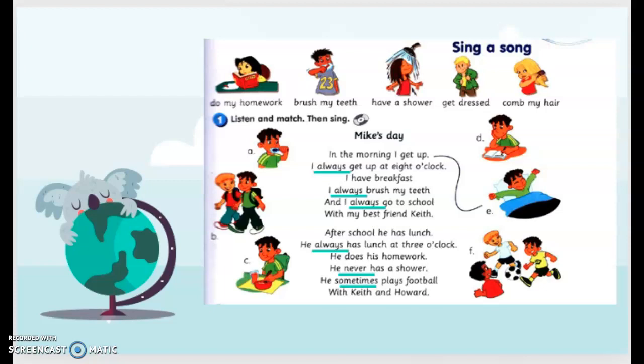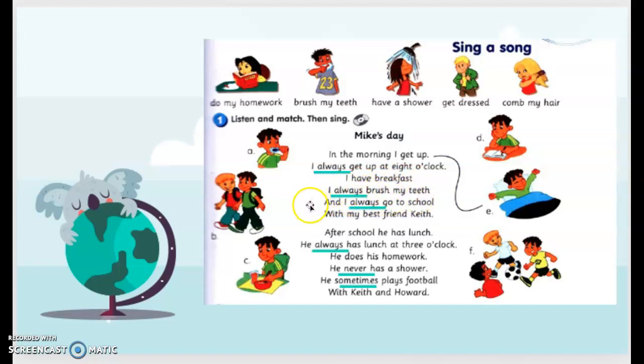Okay, I'm not going to sing the song, we just have a look at the song's lyrics. So basically, this is about what Mike does every day. So in the morning, he gets up. He always gets up at 8 o'clock. And then he has his breakfast. He always brushes his teeth.